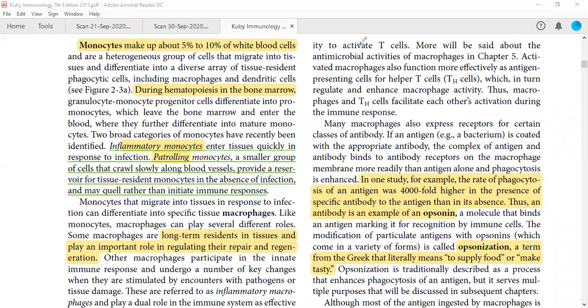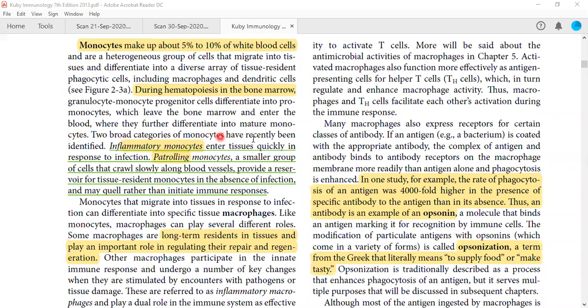These are called macrophages and dendritic cells. During hematopoiesis in the bone marrow, the granulocyte monocyte progenitor cell differentiates into the promonocyte, which leaves the bone marrow and enters into the blood, where it further differentiates into the mature monocytes.